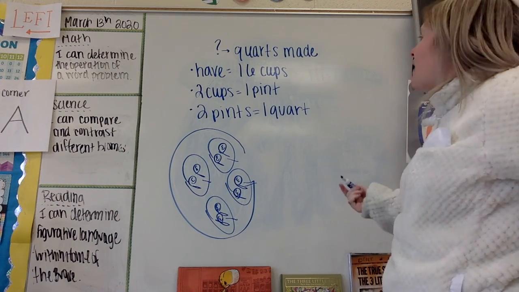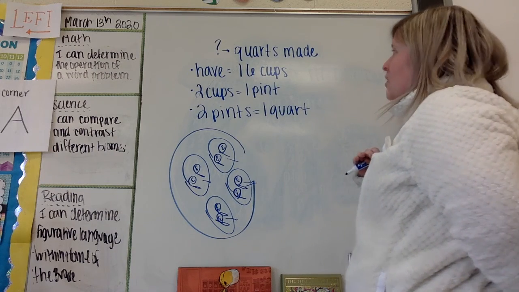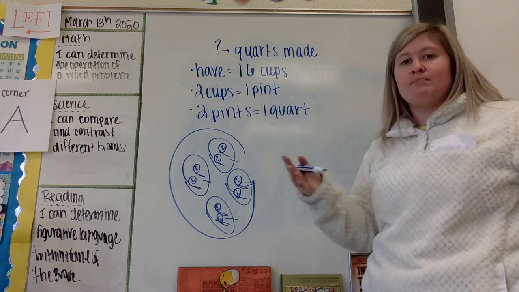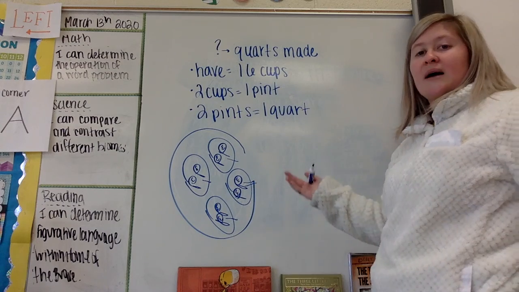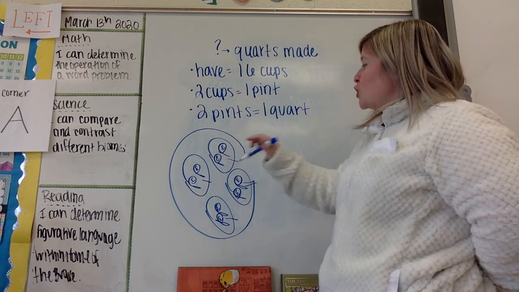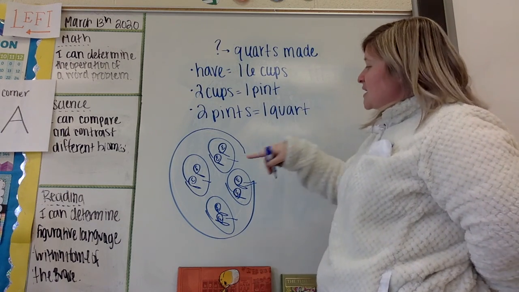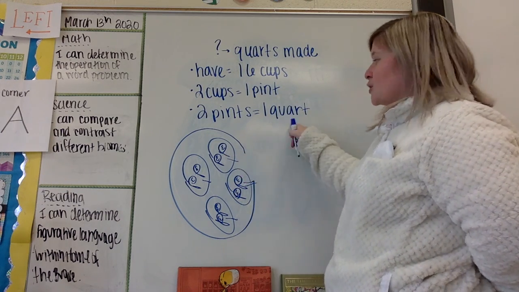Okay, so if I know I'm trying to go from cups to quarts, the first thing I'm wanting to figure out is, well, how many cups are in 1 pint? And let's kind of work our way up, okay? So if I look at 1 pint, that's a P. There are 2 cups in 1 pint, which is the hint that they gave us. And then it tells us, well, there's 2 pints in 1 quart.